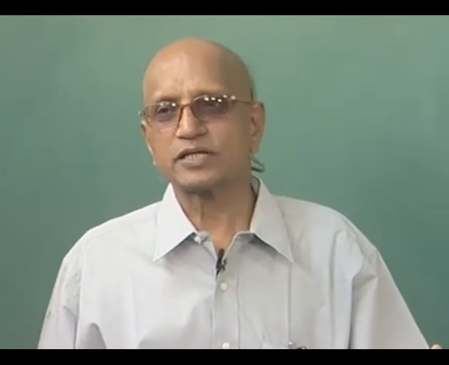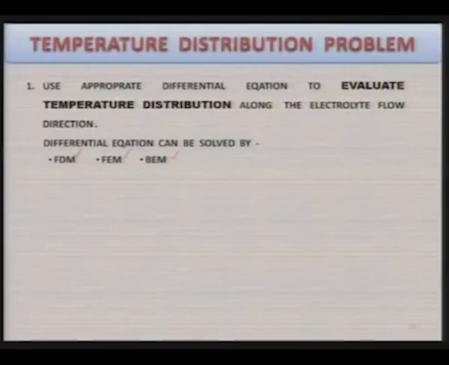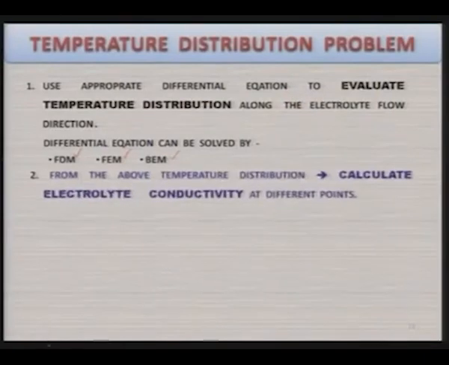They are very complicated, and in those cases, if you want to predict accurately, you have to go for numerical analysis techniques like finite difference method, finite element method, boundary element method. And then from the above temperature distribution, calculate electrolyte conductivity at different points, because electrolyte conductivity is a function of the temperature of the electrolyte.